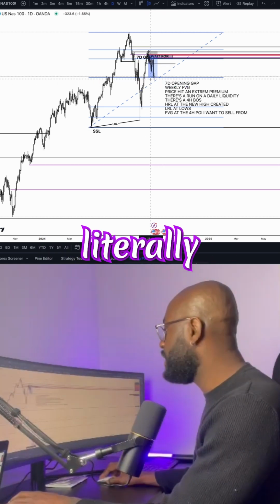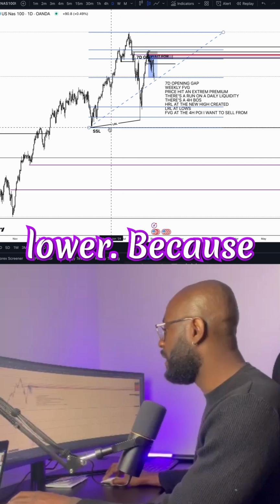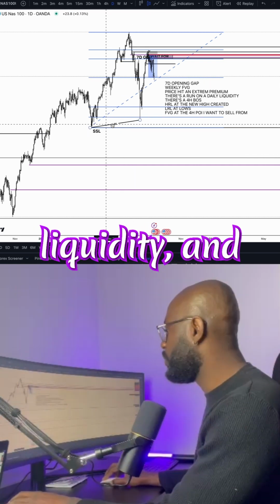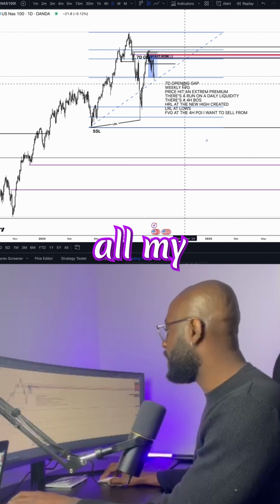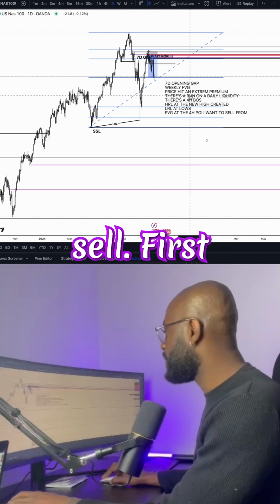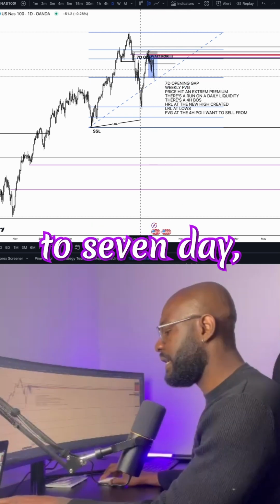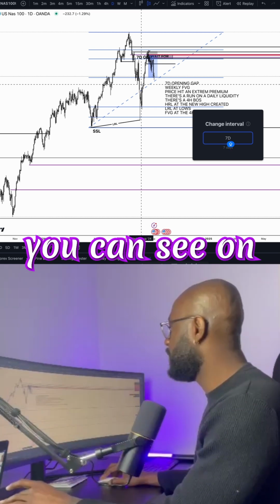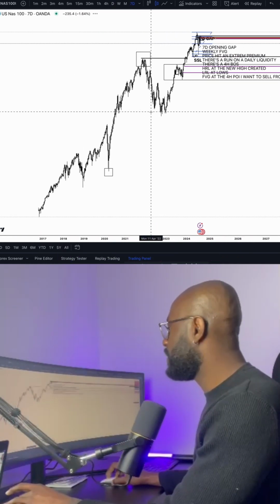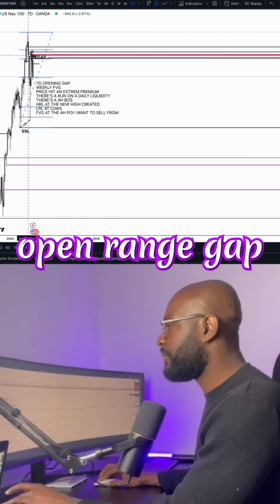We can literally reverse from here, or price can still decide to continue lower, because right here we have a low resistance liquidity. You can see all my checklists, the things I like to see before looking for a potential sell. First one here, 7-day opening gap. If we go to the 7-day, you can see there's an opening gap, open range gap right there.